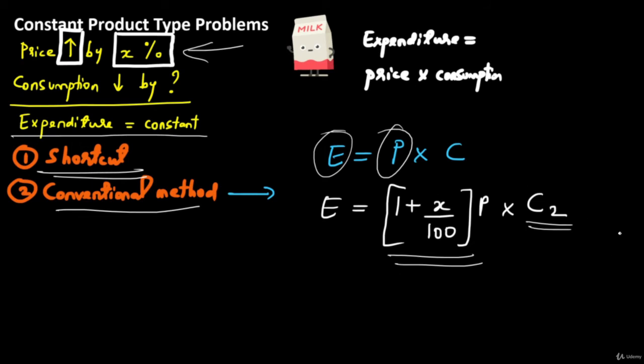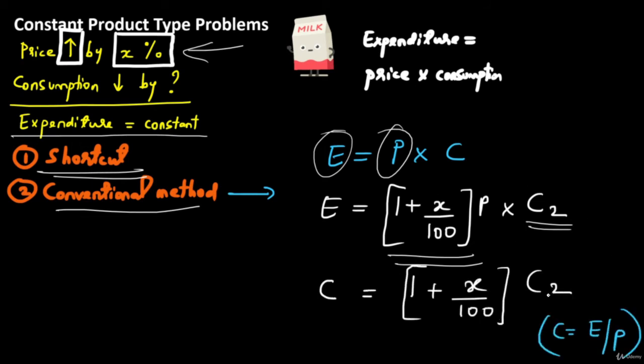All right, so this I can rewrite as C is equal to 1 plus X by 100 into C2, because I take this P to the left hand side and I get E by P over here, and E by P is equal to C from this equation over here, right?